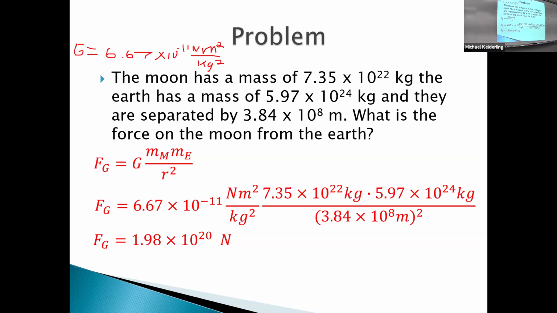So 1.98 times 10 to the 20 newtons is the force on the moon from the Earth.